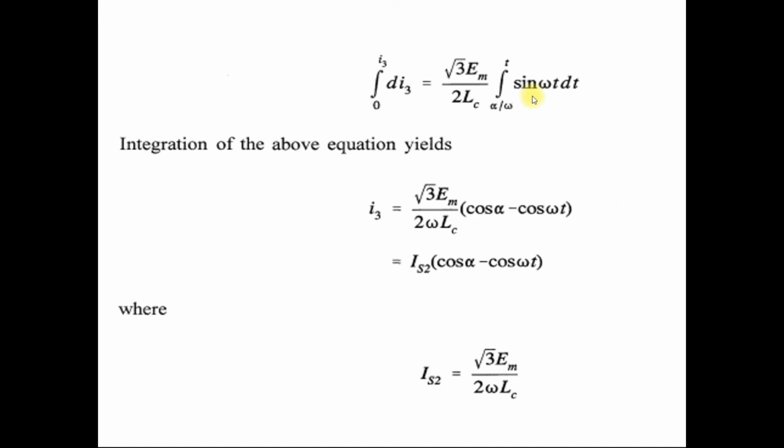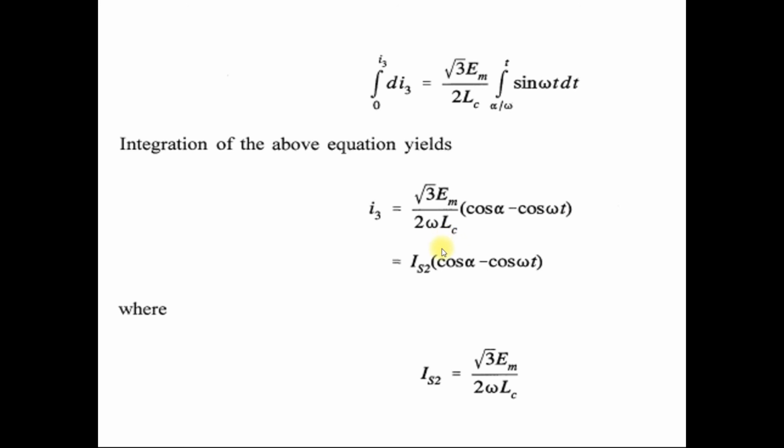So this omega is because of the integration. So root 3 EM divided by 2 LC into omega, and the integration gives minus cos omega t, and for the limits alpha divided by omega to t, you get the expression cos alpha minus cos omega t.